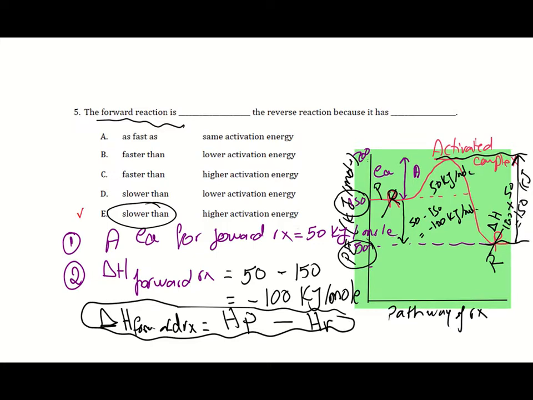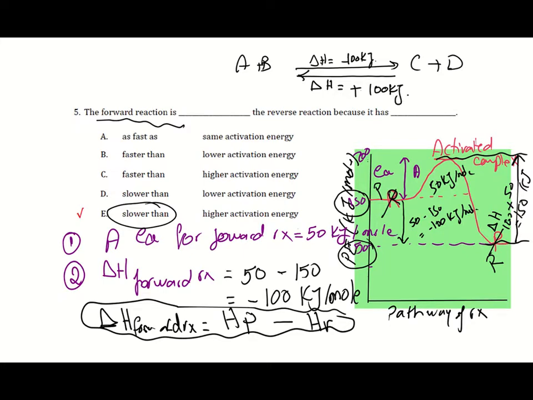And this means that if the reaction goes in this direction, if A plus B reacts to form C plus D, and the reaction is exothermic, the enthalpy change is minus 100 kilojoule per mole. If the reaction is going to be reversed, delta H doesn't change, but just the sign will be different. So then what is the difference between the forward reaction and the reverse reaction?